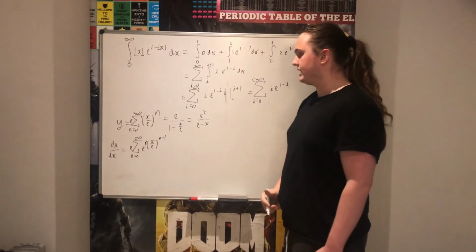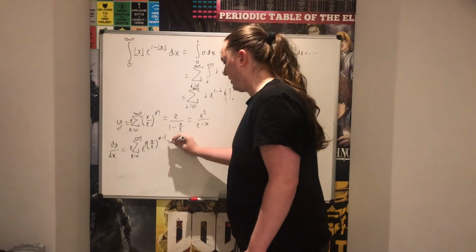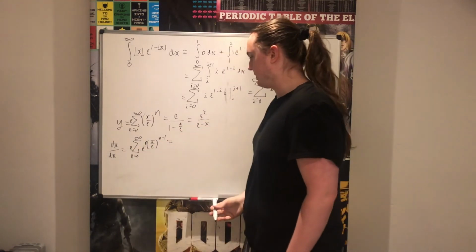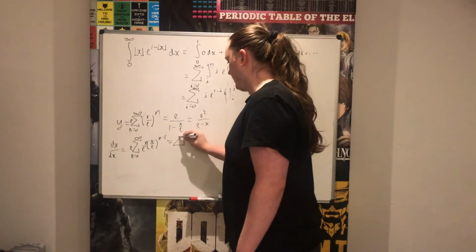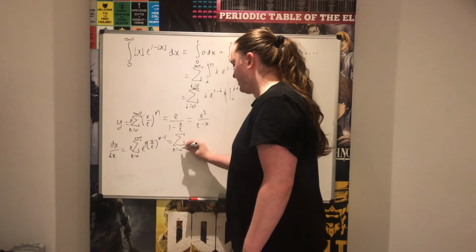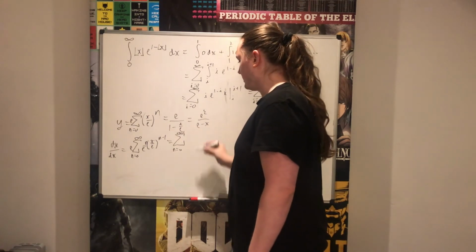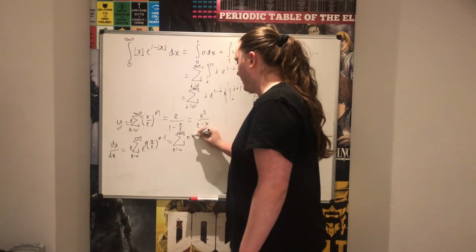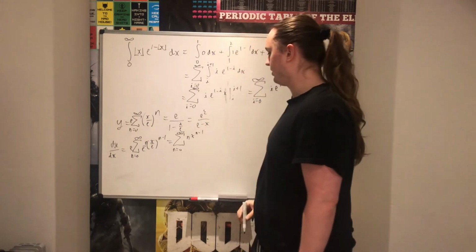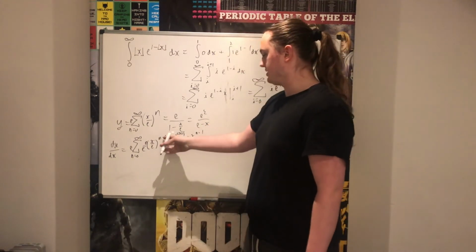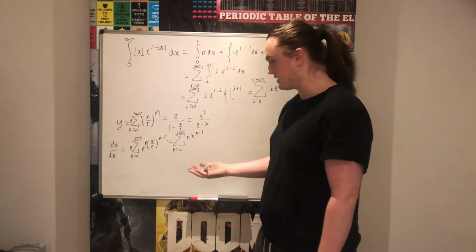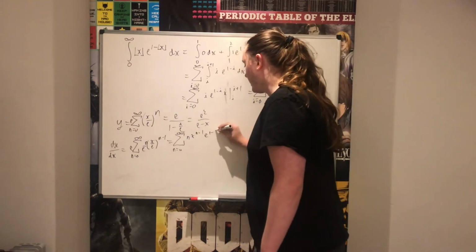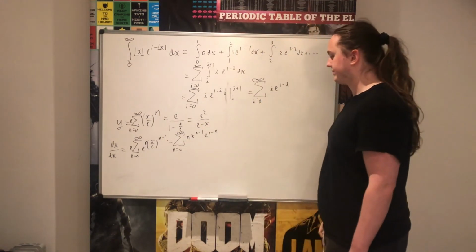We then divide by e. Now this e and this e will cancel out, and so this is the sum from n equals 0 to infinity of n x to the n minus 1, and we're just going to move this e up, which means we need to take the negative of the power, so that becomes e to the 1 minus n.